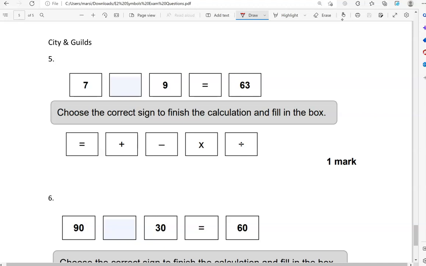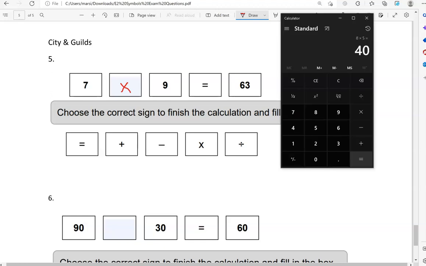That is not correct. 7 add 9 is 16. Then subtraction. 7 take away 9. That doesn't equal 63. Multiplication. 7 times 9 equals 63. That is correct. Let's just double check with a calculator. 7 times 9 equals 63.